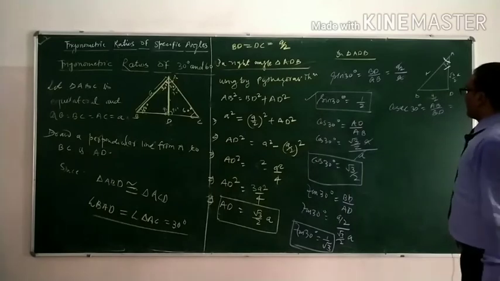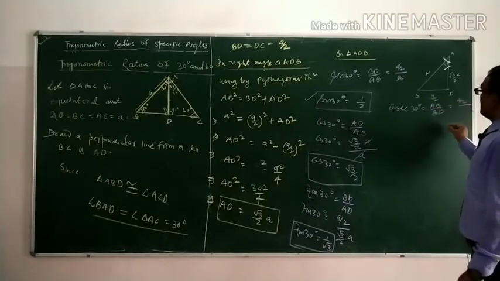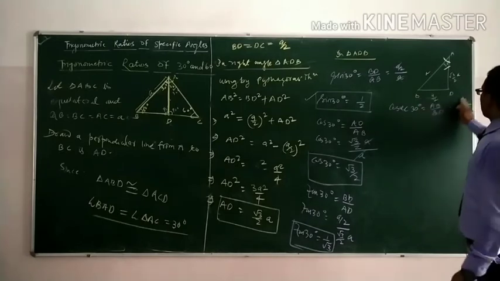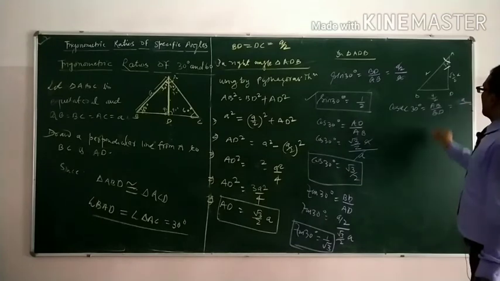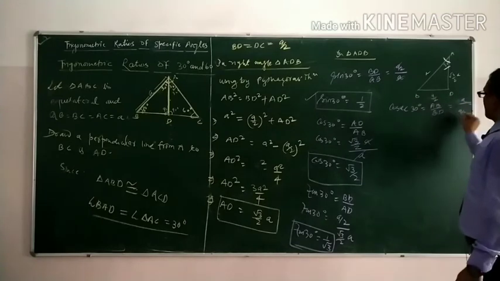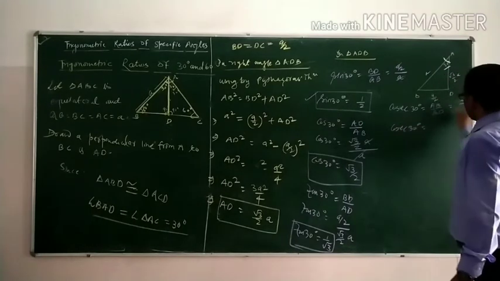What is the value of AB? The value of AB is A and the value of BD is A by 2. Cosec 30 is A cancel, 2.